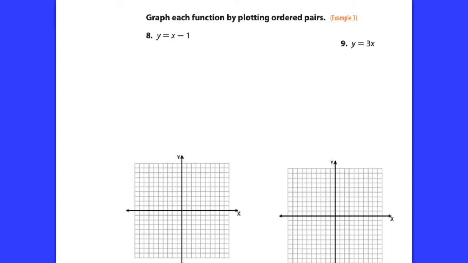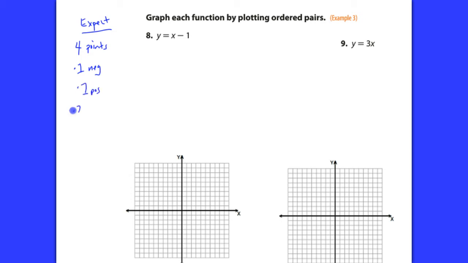To begin with, when we graph by plotting pairs, here's the expectation. Here's what I expect. Four points. You have to have at least one negative and at least one positive value.